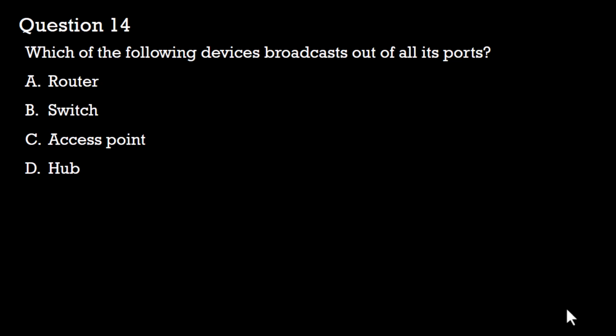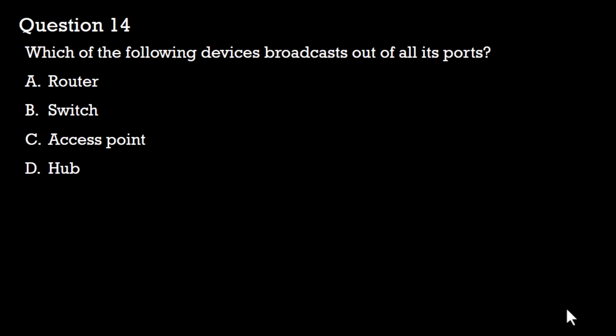Question 14. Which of the following devices broadcasts out of all its ports? A. Router. B. Switch. C. Access point. D. Hub. A router operates at layer 3 or the network layer, and it routes data packets between different networks based on their IP addresses.